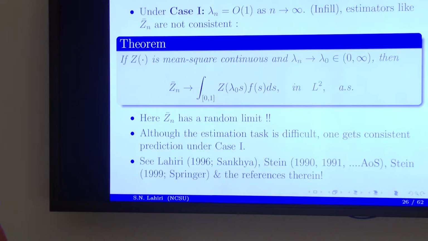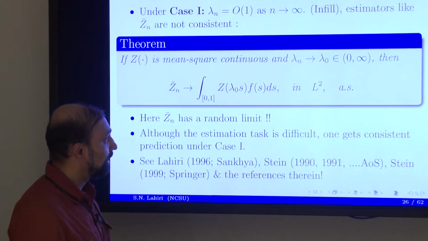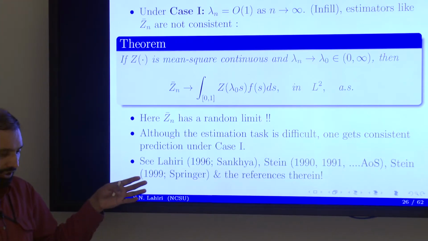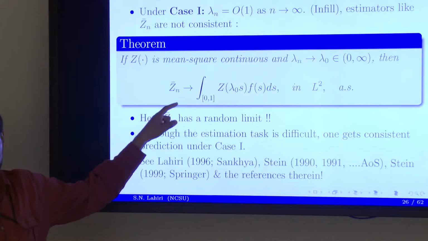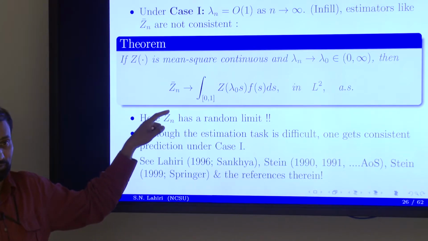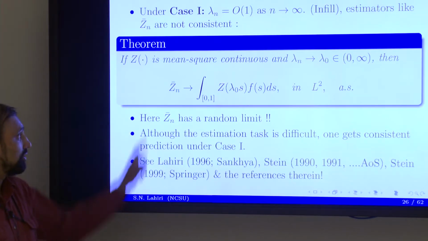There is not enough information. You are not learning about the, I should say, distributional characteristics of the Z process. So you cannot really do anything about that. There is not enough information, even if you have taken as many observations as you want, as long as your interval of observation is bounded. So that's what kills this averaging process. It does not give you the answer that you want. So this is not consistent.